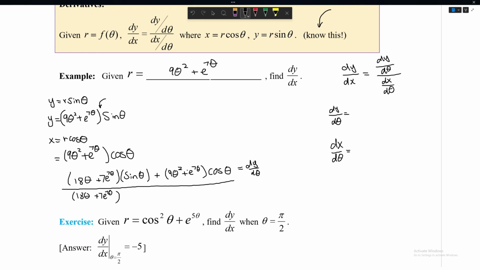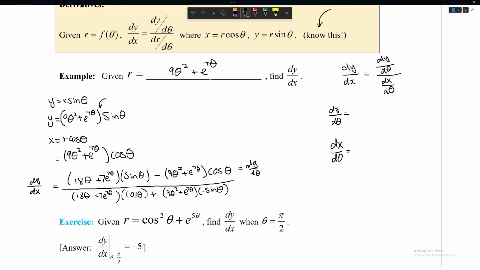That's my first derivative. And then my second cos stays the same, plus my first stays the same, and then I get the derivative of my cos, which is a negative sine. And this is our dy over dx.